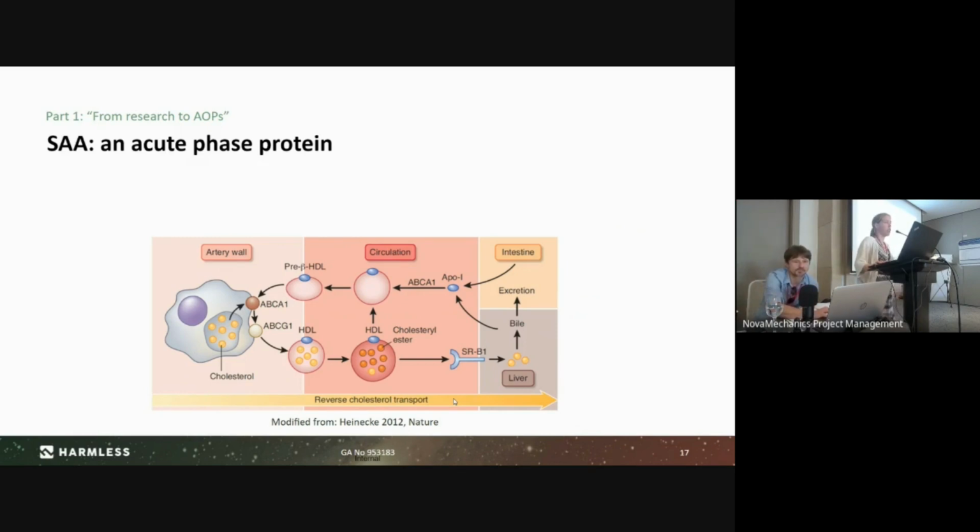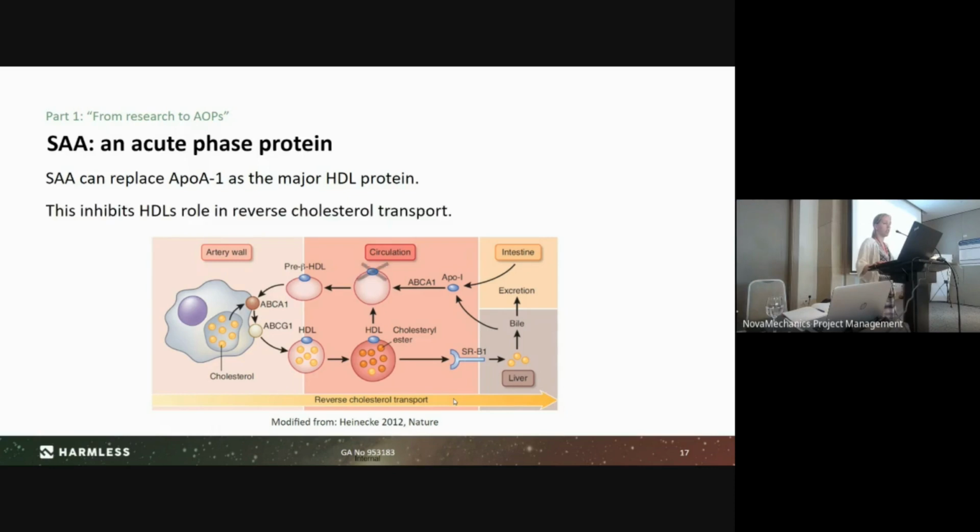This transport is conducted by HDL particles, and these HDL particles contain ApoA1, the small blue dots. And what happens when SAA is in the blood is that it replaces ApoA1 as the major HDL protein, and then, as you can see here, it inhibits its role in the reverse cholesterol transport.